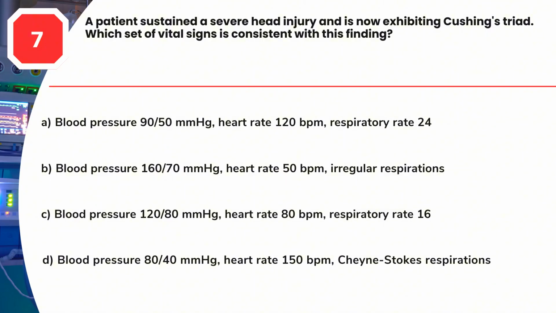B. Blood pressure 160/70 mmHg, heart rate 50 bpm, irregular respirations. C. Blood pressure 120/80 mmHg, heart rate 80 bpm, respiratory rate 16. D. Blood pressure 80/40 mmHg, heart rate 150 bpm, Cheyne-Stokes respirations.